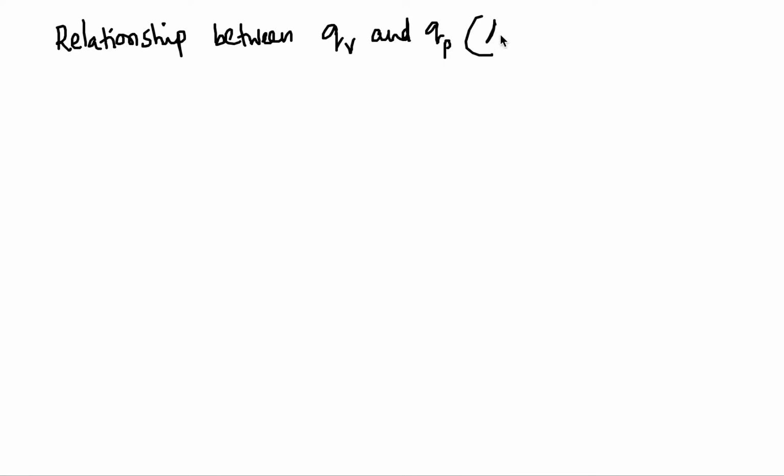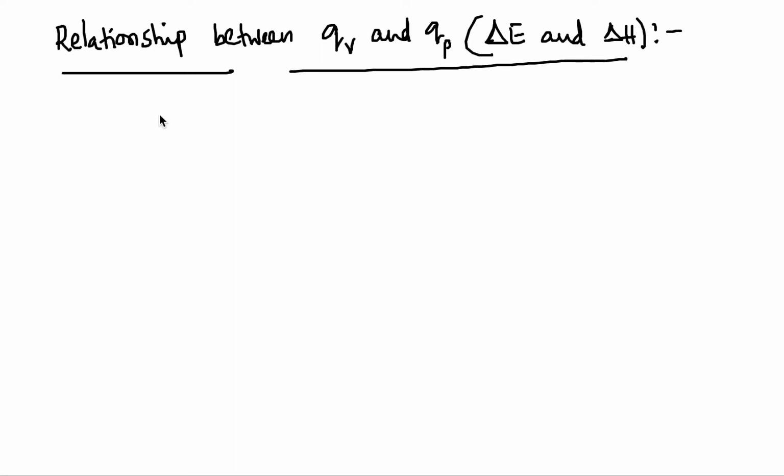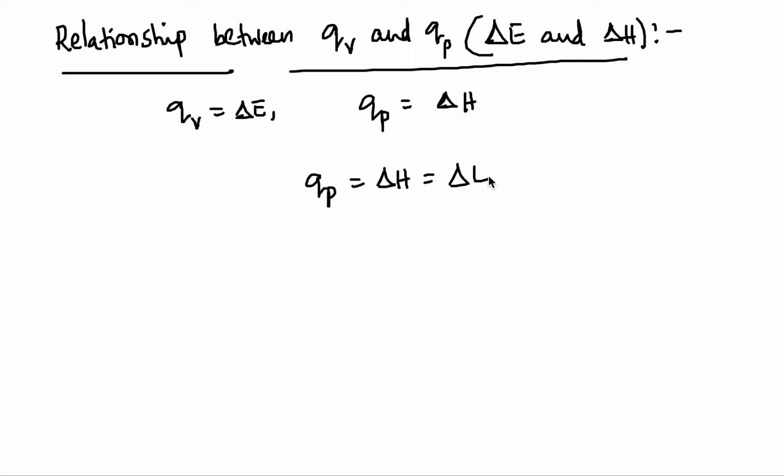Essentially, it is a relationship between delta E and delta H for chemical reactions. And we know that QV is equal to delta E, and QP is equal to delta H. So what is the relation? We know QP, which is delta H, is equal to delta E plus P delta V.